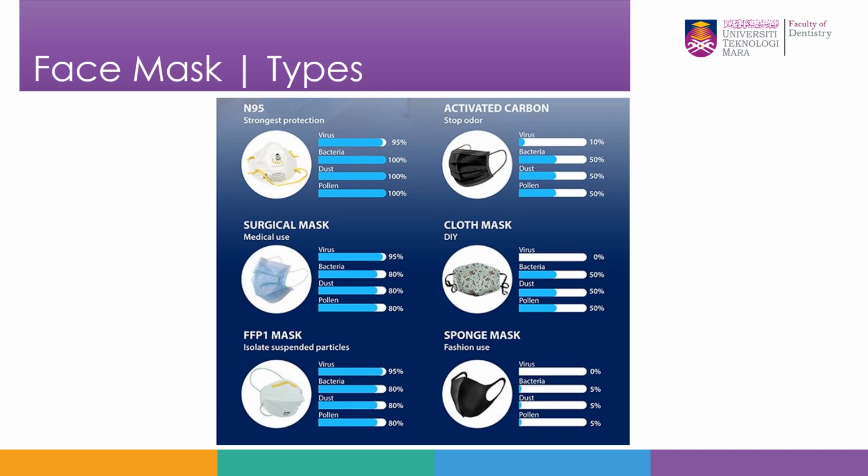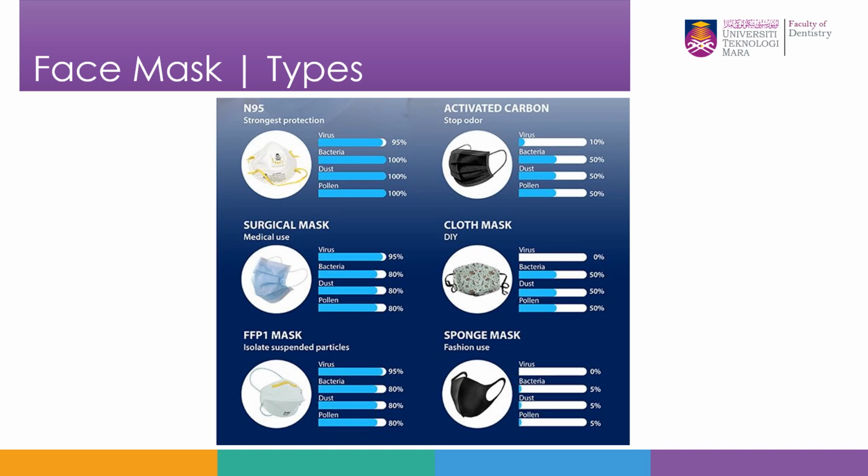It used to be known as three-ply mask. Why three-ply? Because it has three layers of the materials. But there are other masks available in the market, which is called two-ply, which is not effective for us to wear in the clinic.